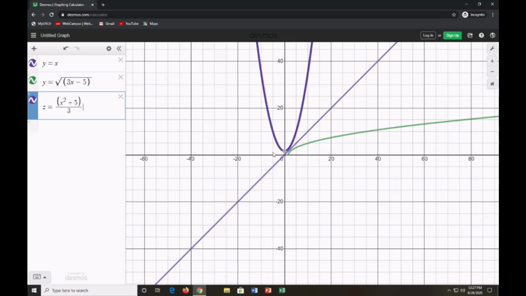So in this case, disregard this portion of the quadratic, the purple one, the one that looks like a bowl, right? Disregard this piece of it on the left where the domain is negative infinity to 0.